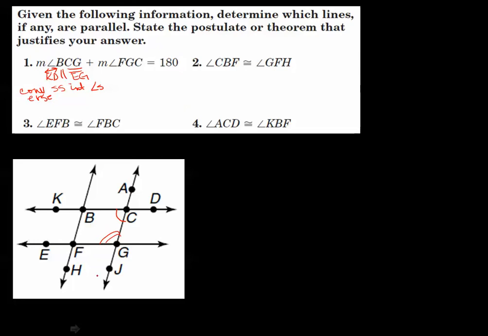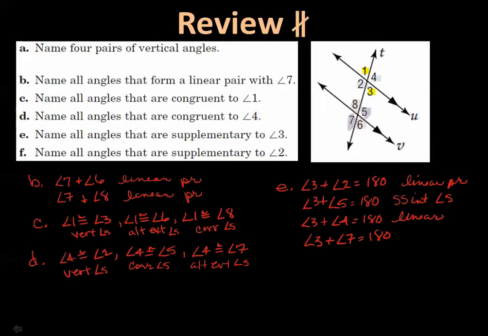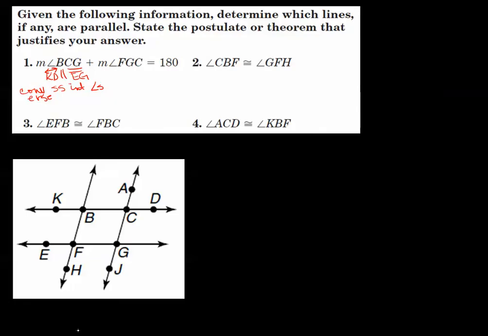Number 2 says, and I probably need to erase what I did with the 1 so it doesn't get confusing. Oops. Well, I'm just going to push a whole bunch of buttons. Okay, angle CBF right here is congruent to GFH, GFH right here.